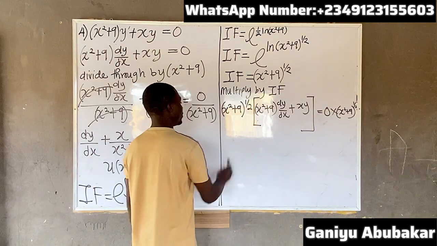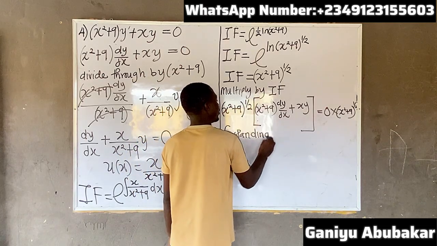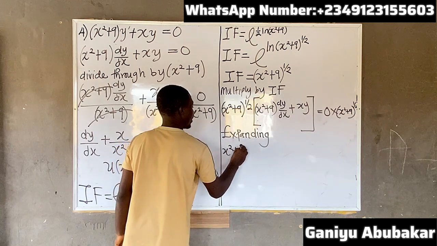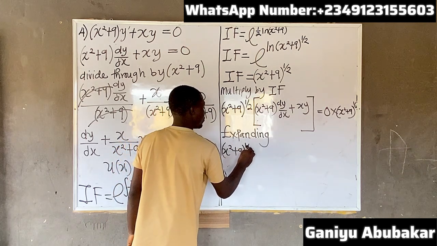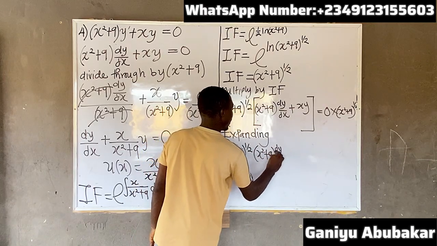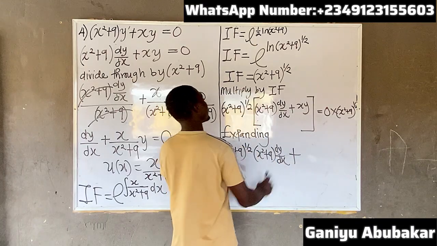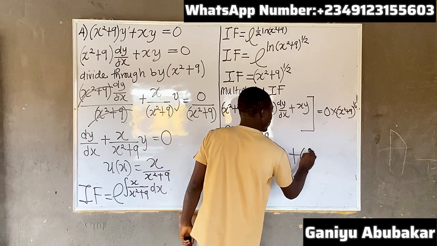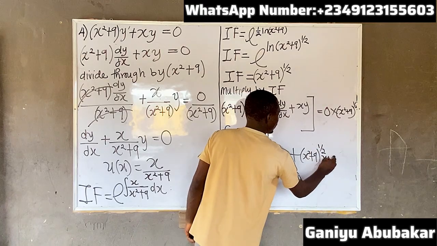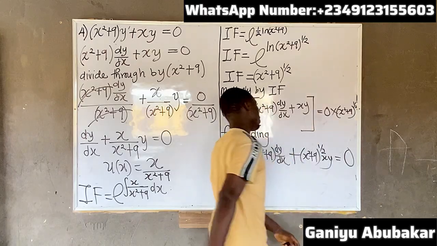Of course, expanding, next task, expanding, that gives you this with this: (x squared plus 9) to the power half into (x squared plus 9) dy/dx, plus this time this: (x squared plus 9) to the power half, then xy, equals anything times 0, which gives you 0.